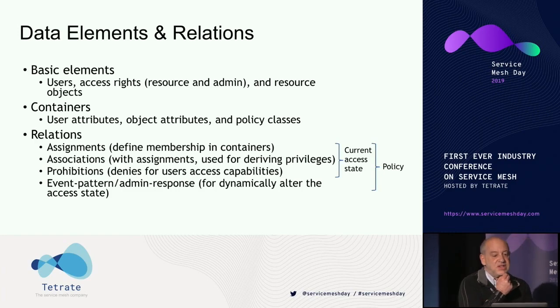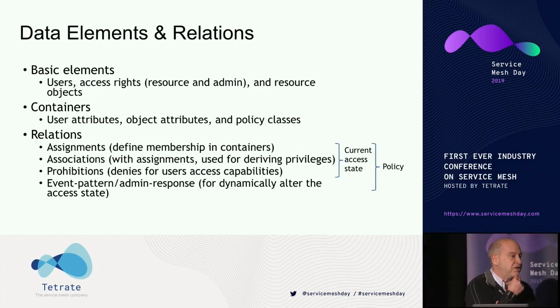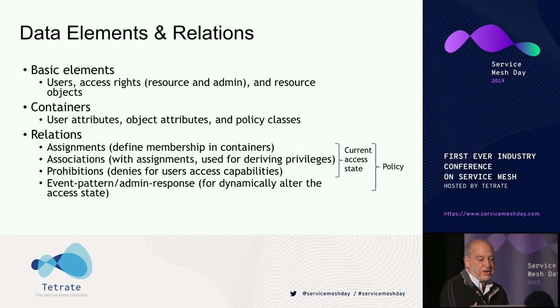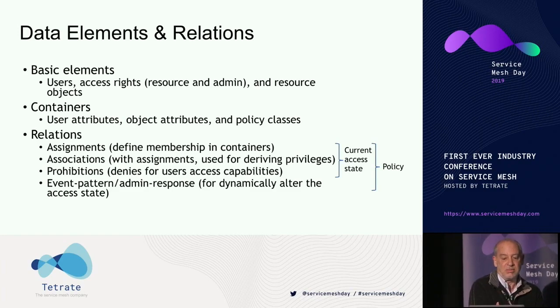So these are the data elements and relations that comprise the access control data. These provide the basic ingredients for the expression of a wide breadth of access control policies. So they include things like users, access rights, resource operations.